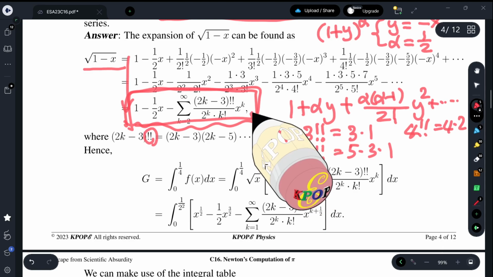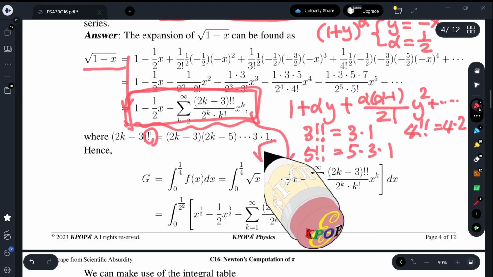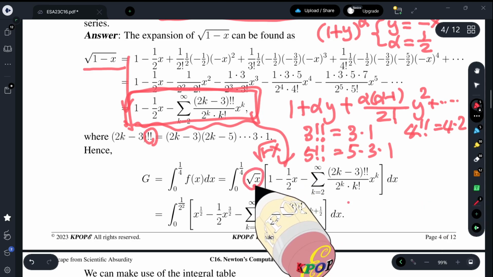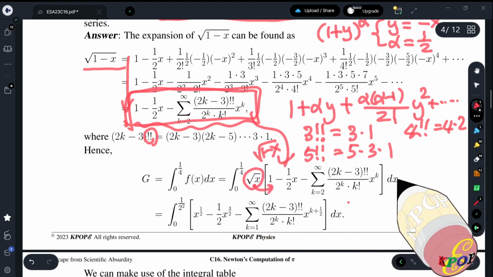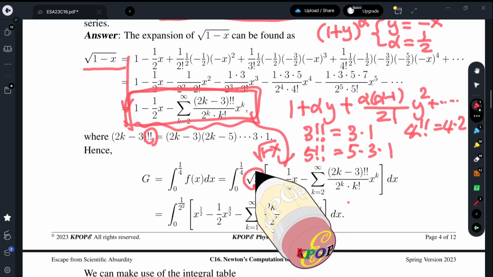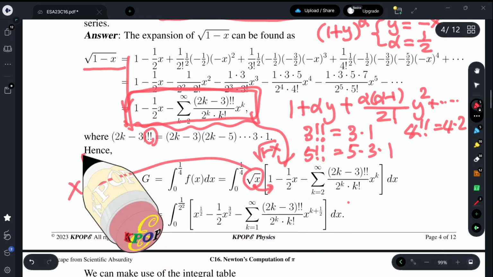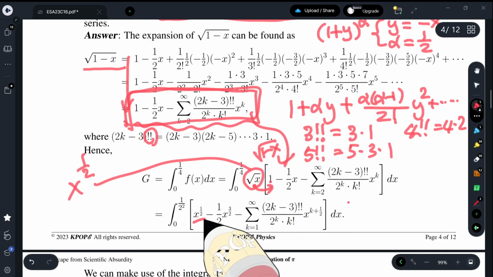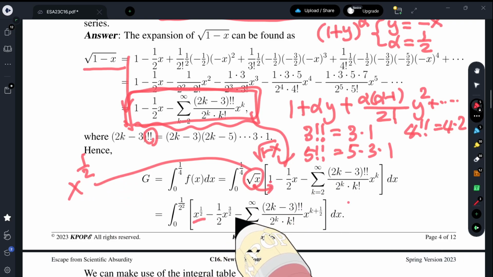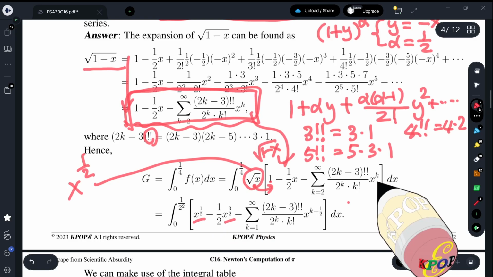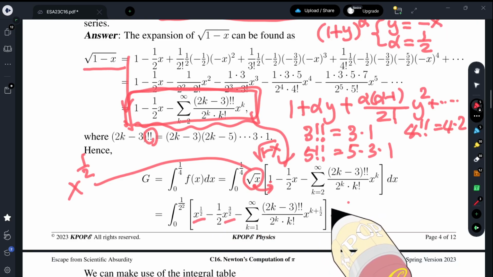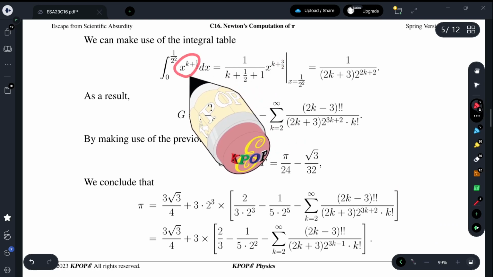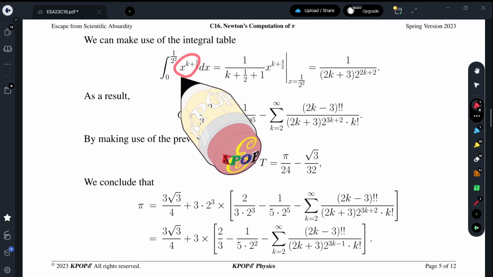We substitute it for the square root of 1 minus x here. And then I can multiply term by term. Then, because this is x to the 1 half, this one is replaced with x to the 1 half, 3 half, and k plus 1 half. We can make use of the integral table for arbitrary alpha.